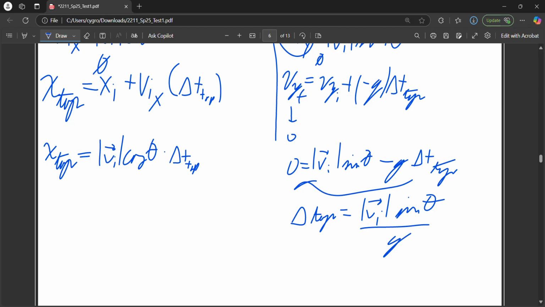Now, going back to our x side, we can use our x top equals velocity initial times cosine theta times velocity initial times sine theta over g.